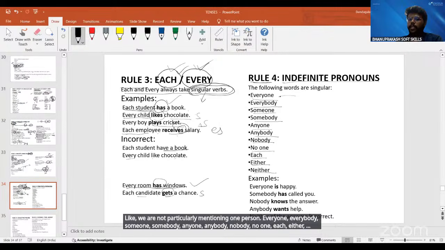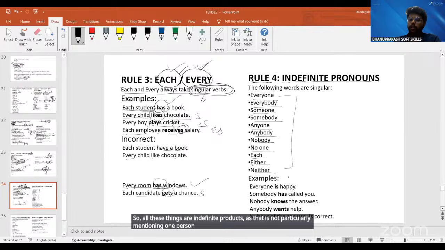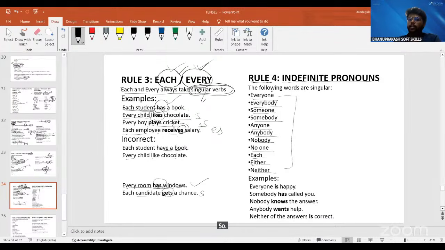All these are indefinite pronouns as they are not particularly mentioning one person. So as these words are singular, they take the singular verb form only. Okay, just remember this.